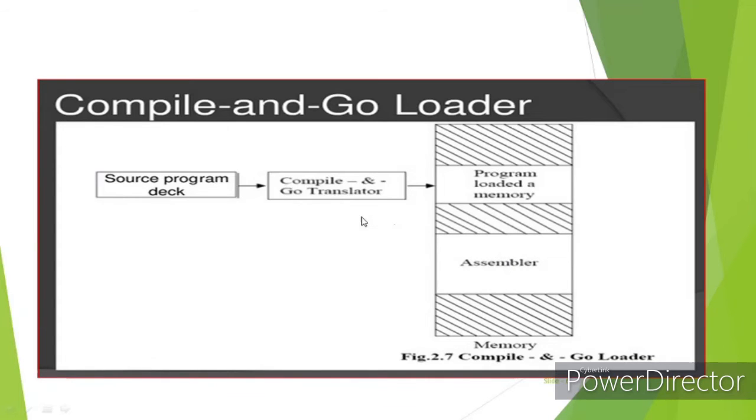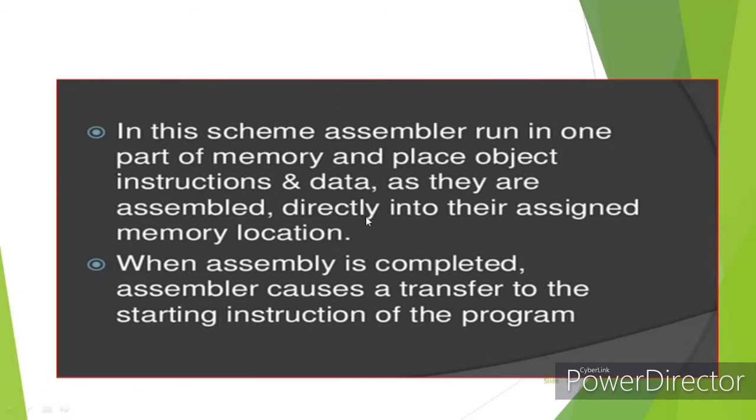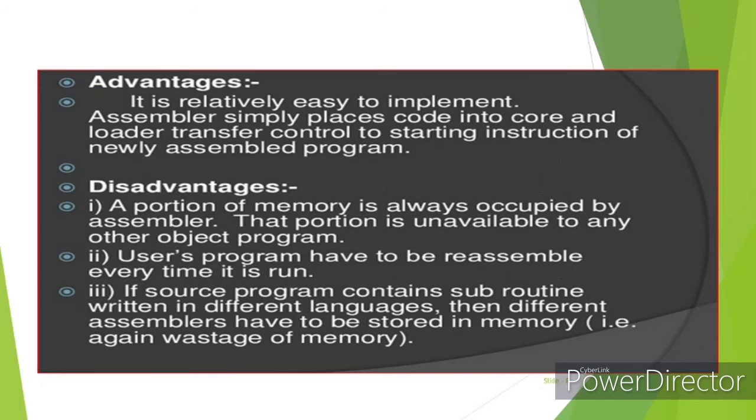In this scheme, the assembler runs in one part of the memory and places the object instructions and data, as they are assembled, directly into their assigned memory locations. When the assembly is completed, the assembler causes a transfer to the starting instruction of the program.